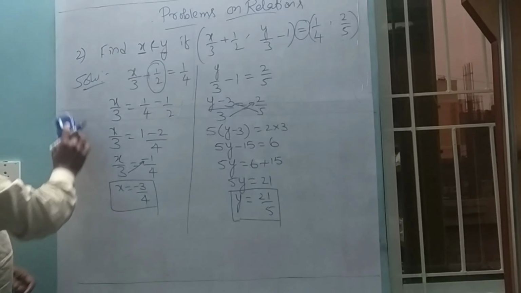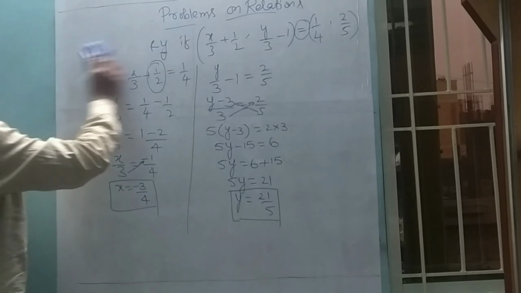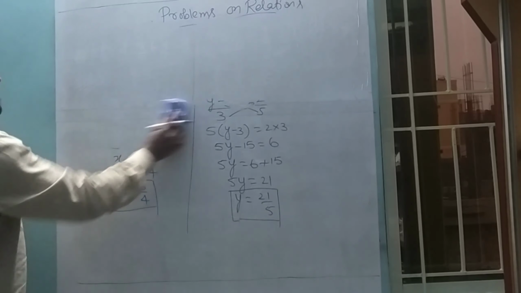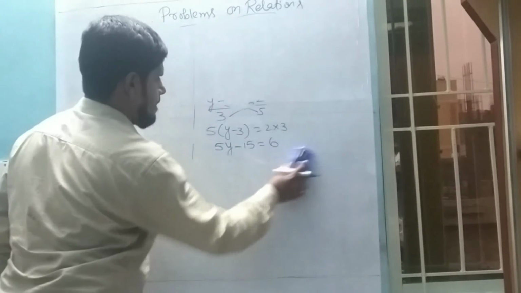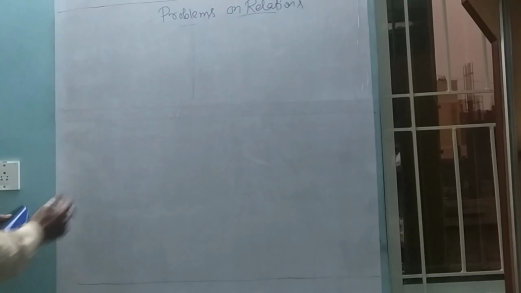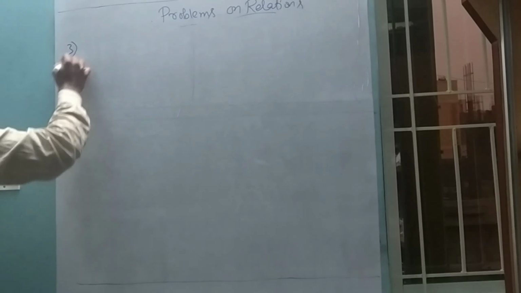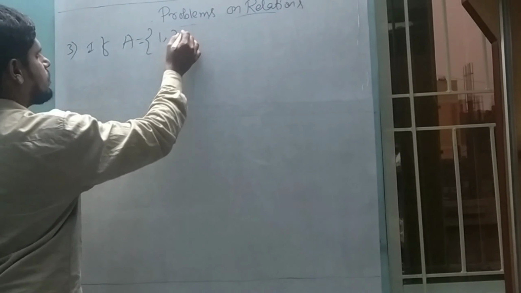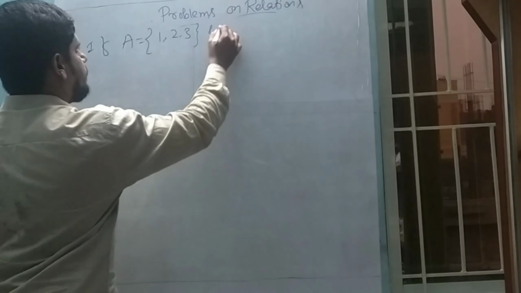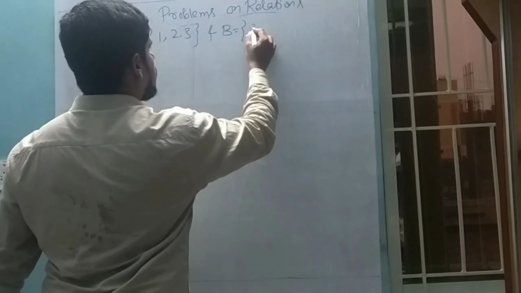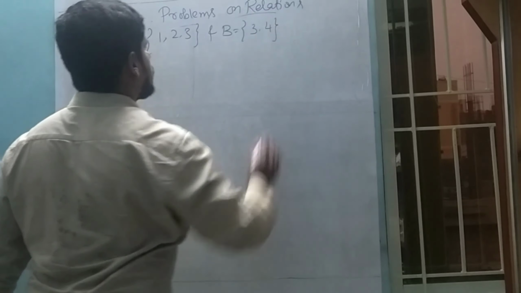Now let us see how can we find the Cartesian products. Now, if A is a set whose elements are 1, 2, 3 and B is another set whose elements are 3, 4.